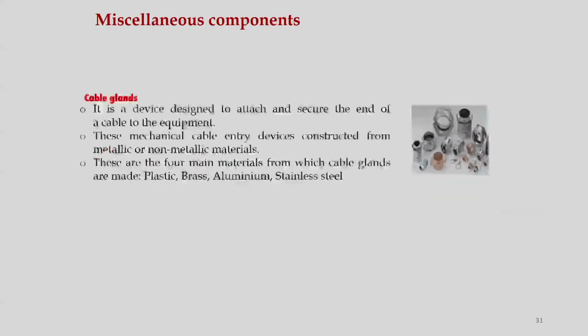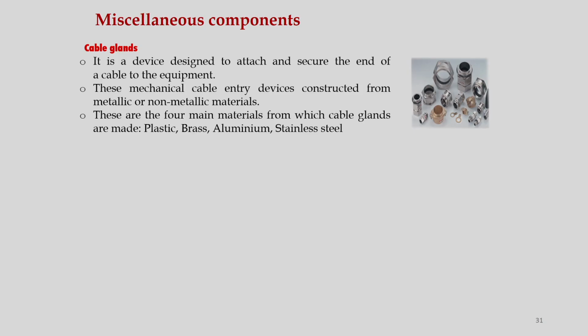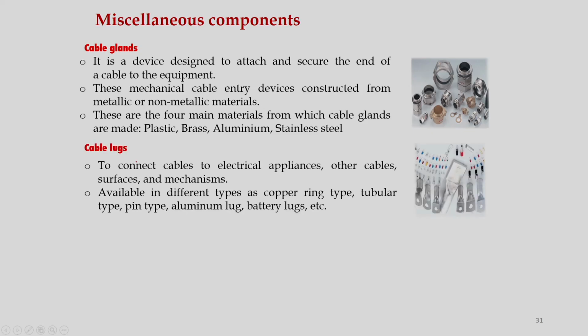And also there are components like cable glands, which are required. These are small components for fitting tightly all those connectors, and then we need cable lugs. Okay? So, these look something like this. This is normally used to connect the cables to electrical appliances, other cables, surfaces and mechanisms.